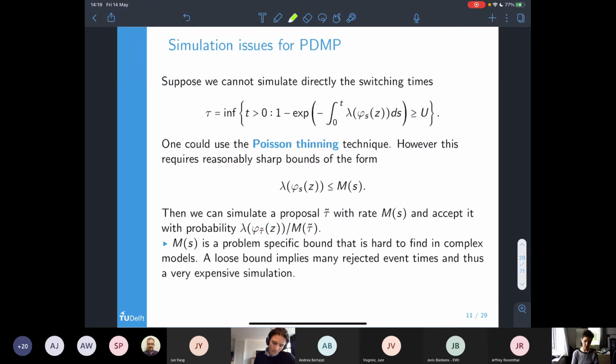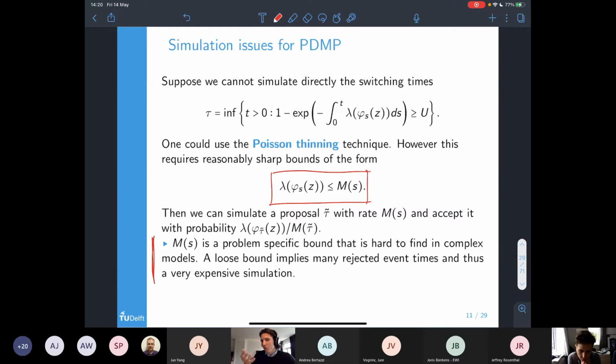Let's comment a bit on this technique. There are a few inconveniences. First of all, we need to be able to find this bound. And as we have seen for Zig Zag, lambda depends on the potential of the target. So if we change the target distribution, this will be different. We will need to find a new bound for every application we consider.